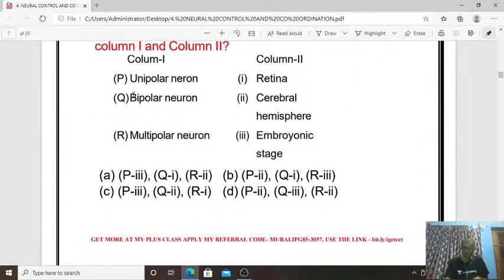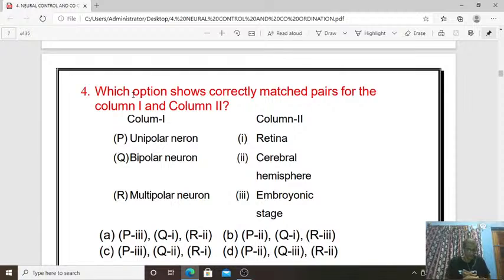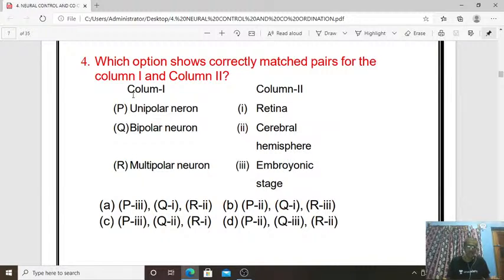The next question, number 4. Which option shows correctly matched pairs for column 1 and column 2? Unipolar neuron, bipolar neuron, multipolar neuron, matched with cerebral hemisphere, embryonic stage and so on. So let us do the matching.